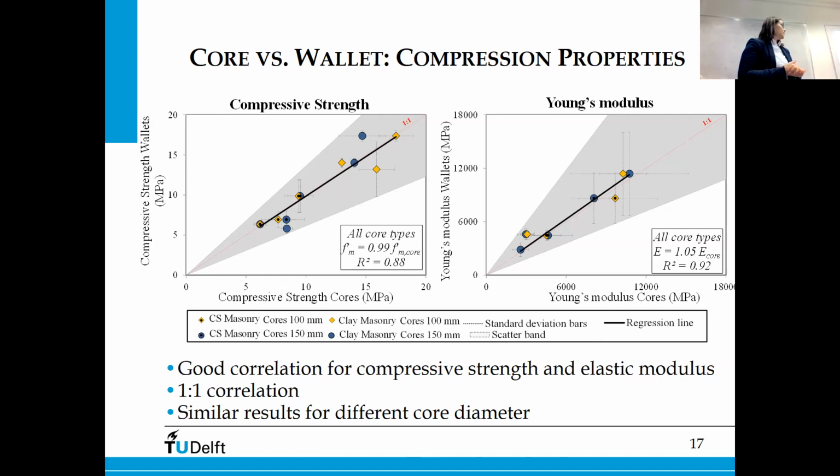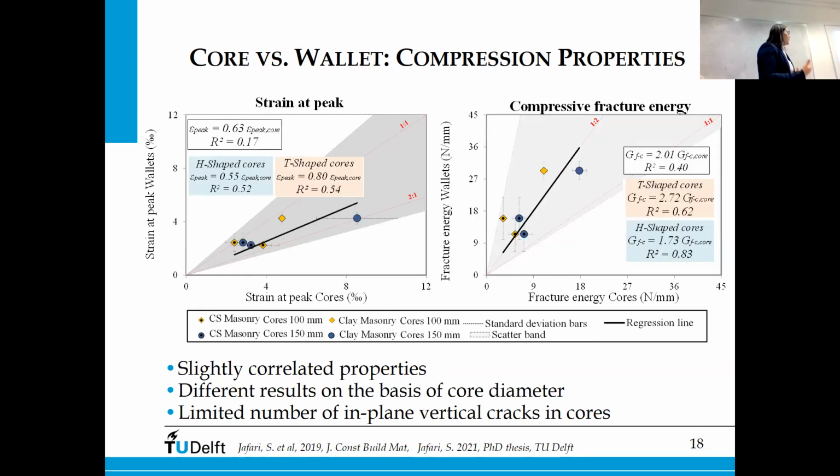What we found was a quite good correlation, almost one-to-one, in terms of strength and Young's modulus. And we actually didn't notice much of a difference between the two sizes of cores. When instead we tried to correlate post-peak response parameters, like the strain at peak and the compressive fracture energy, we noticed that the correlation was less good, and we could find a difference for the two types of cores.